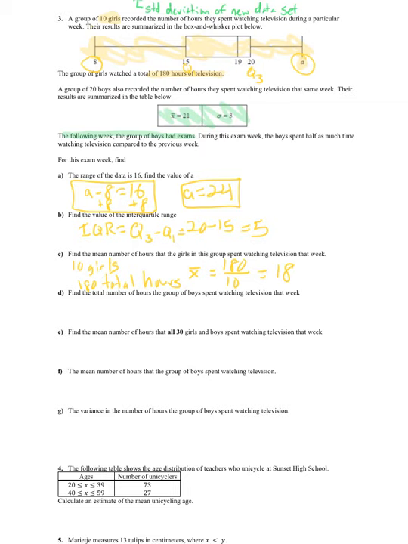And then find the total number of hours the group of boys spent watching television that week. So we know that their mean was 21, and we know there were 40 of them. So 21 equals the total number over 40.